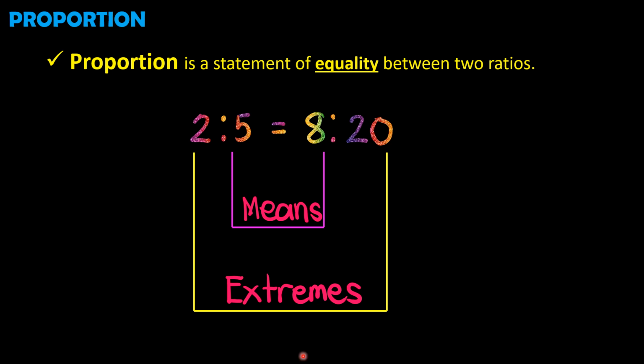So the product for the means, 5 times 8 is 40, and the product of the extremes is also 40. Is this a proportion or not? Well, from the definition, they should be equal. The value of the means is equal to the value of the extremes. Therefore, 2 is to 5 and 8 is to 20 is a proportion.